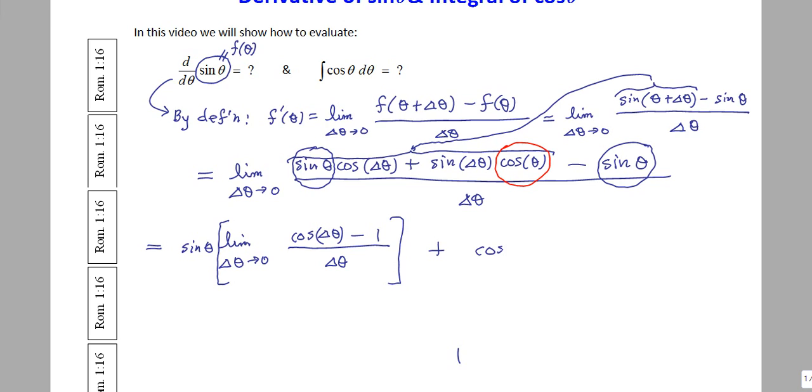So I get a cos of theta times the limit as delta theta goes to 0 of, well, what do we have left over? We have sine of delta theta over delta theta.